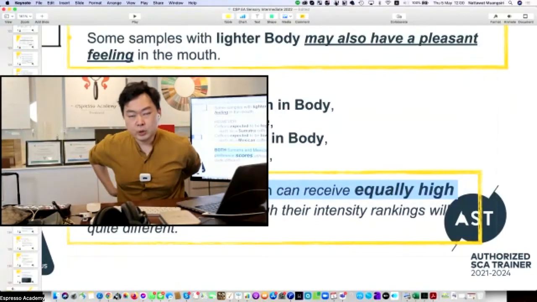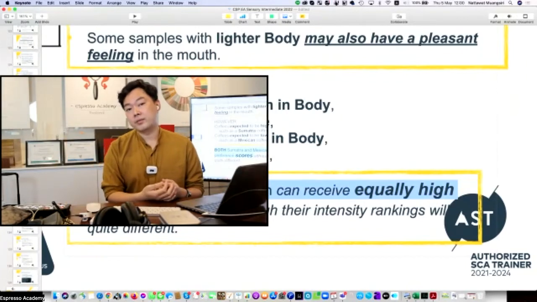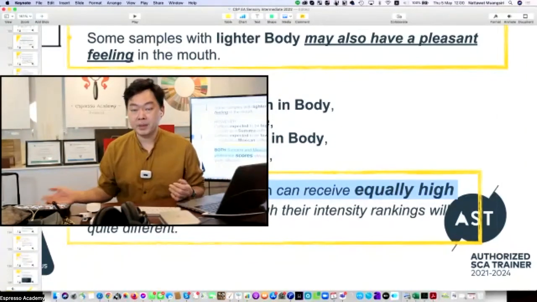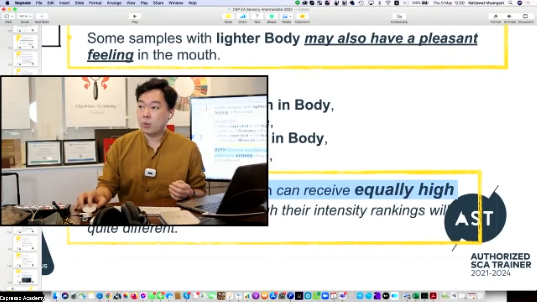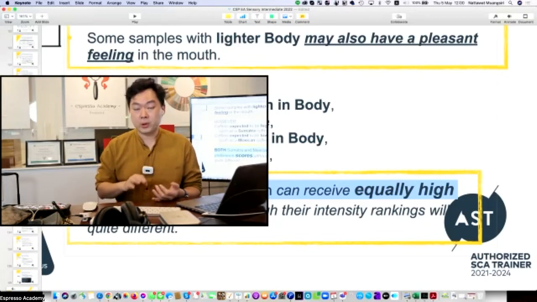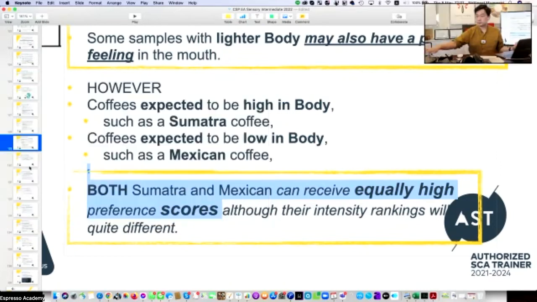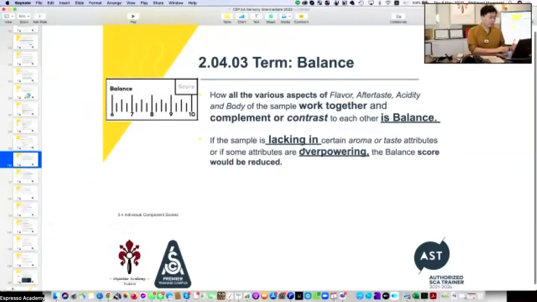Thai coffee, nothing good comes from it. But if I do not tell them it's a Thai coffee, it's like blind cupping, blind tasting. So that is one way to make judges score accordingly, in the direction that you want. So that expectation is also very important.